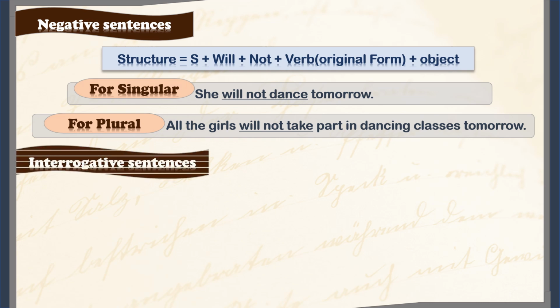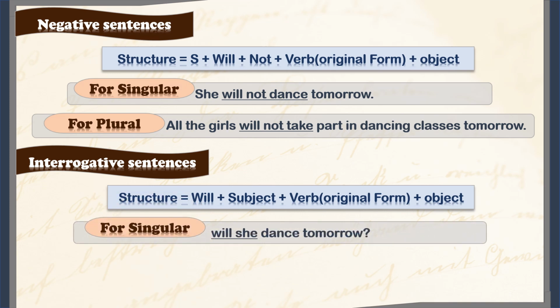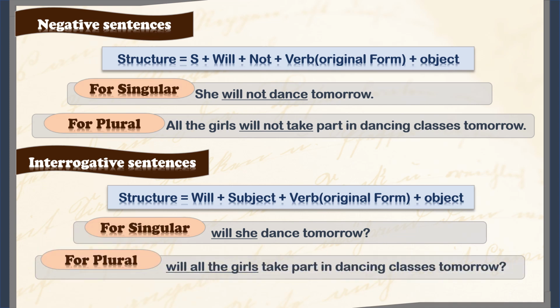For interrogative sentences, the structure is will plus subject plus verb in the original form plus object. Example for singular, will she dance tomorrow? Example for plural, will all the girls take part in dancing classes tomorrow?